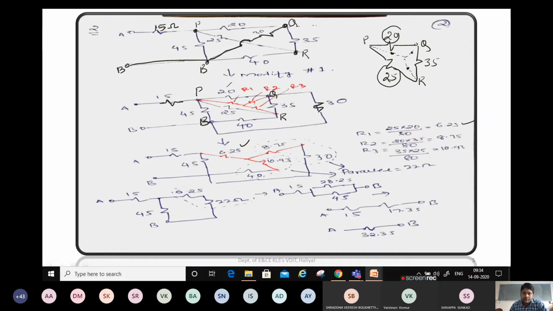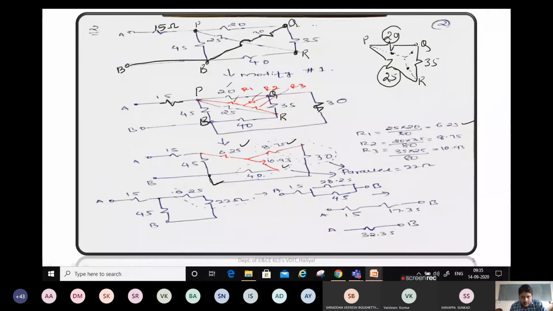Then R2 will be what? Adjacent to R2, which resistors are there? 20 and 35 divided by the summation of the things. If you do this, you will be getting all these values. Once you get this, you have to check whether we are able to add the resistors or not. Yes.